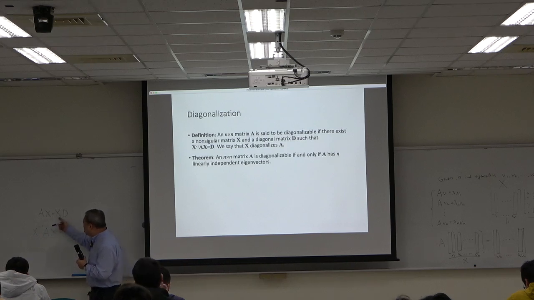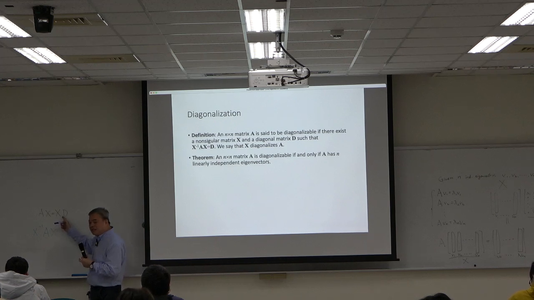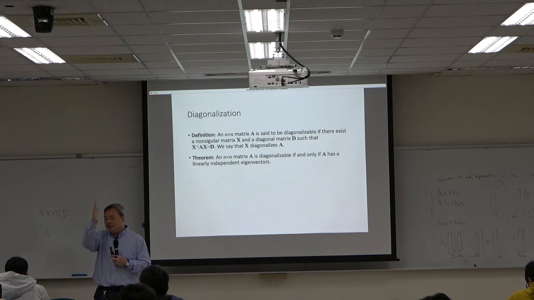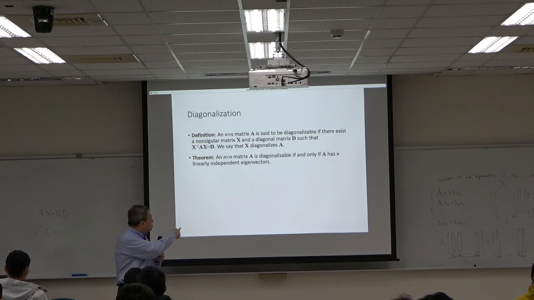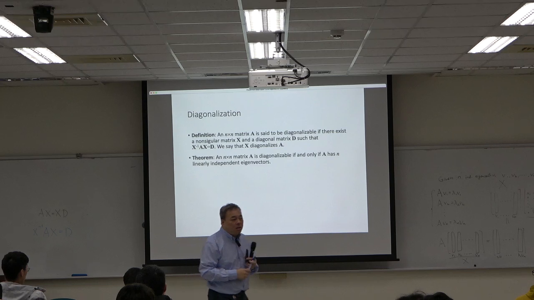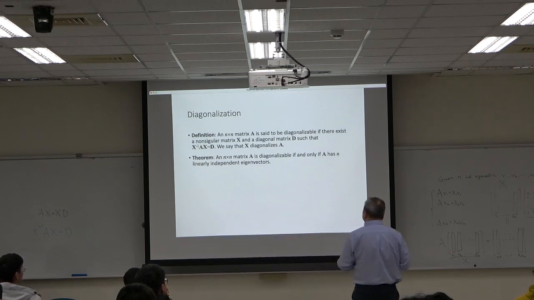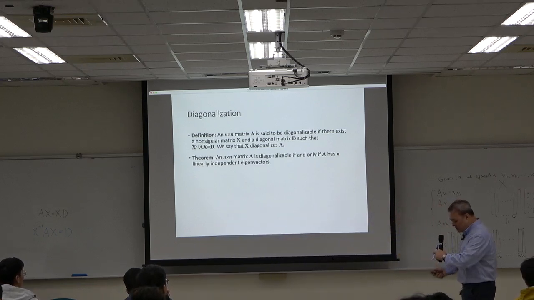If you examine each column in XD, the corresponding vector is scaled. So that means each of them represents an eigenvalue and eigenvector, and we go back to the original one. So basically this is diagonalization.